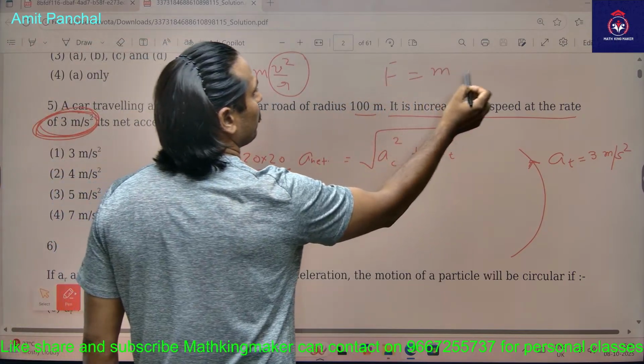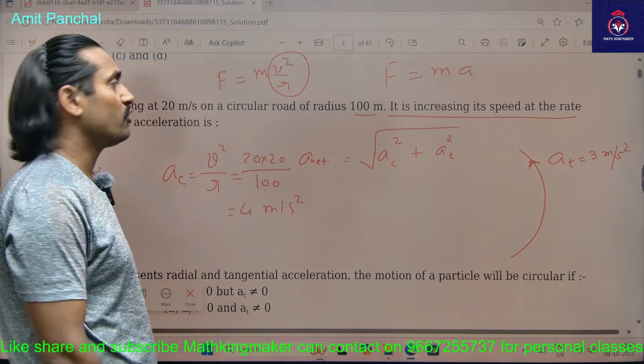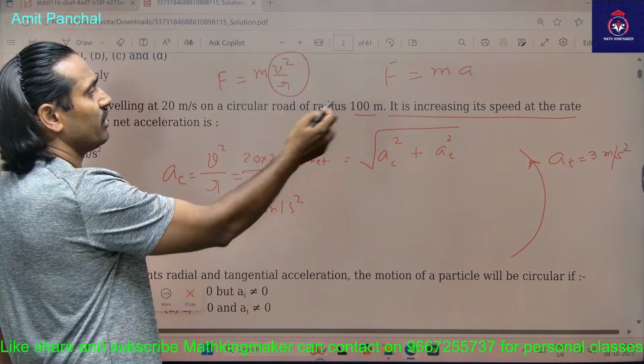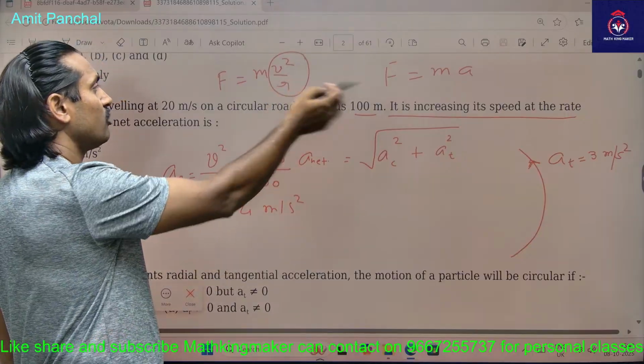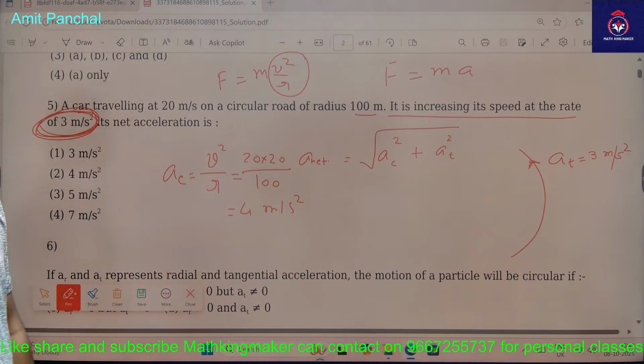Force is m into a. If you compare this mv square by r with ma, what happens? A equals v square by r. But where did you get that the force is equal to mv square by r? mv square by r, we learned it at an initial stage.